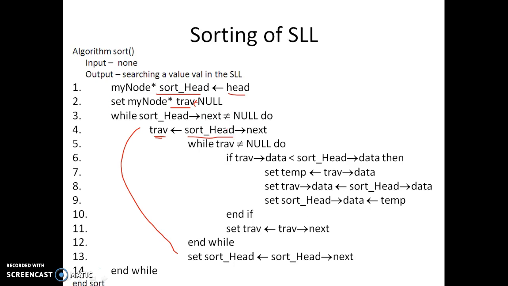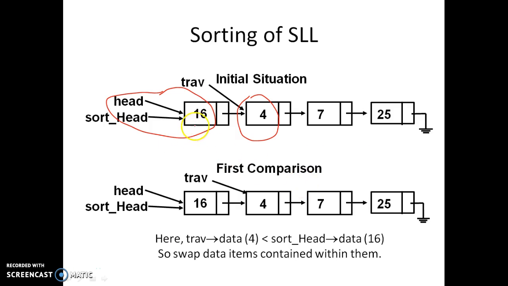Then while trav is not equal to null, we are comparing trav arrow data with sort head arrow data, that is, 16 is compared with 4.